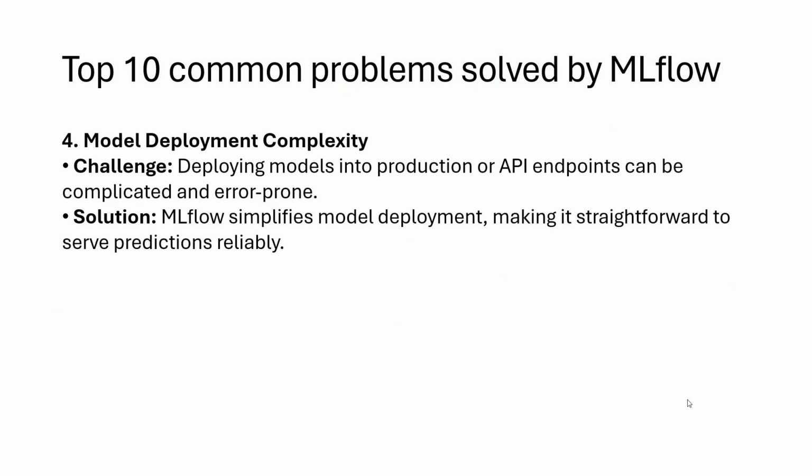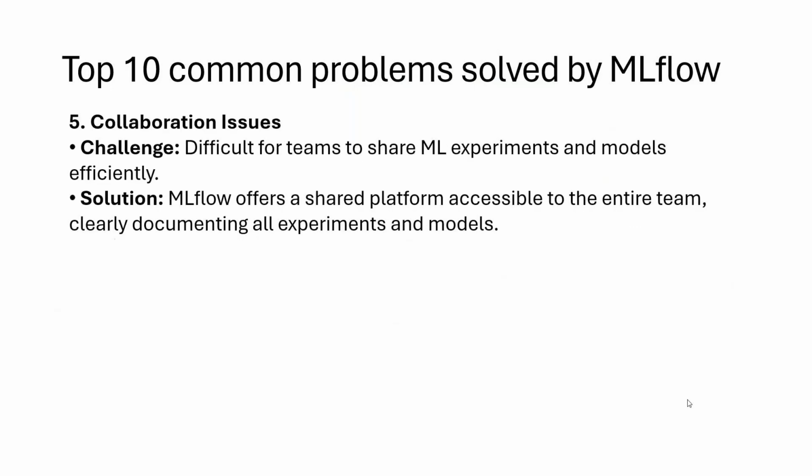Next problem is model deployment complexity. The challenge is that deploying models into production or API endpoints can be complicated and error prone. The solution is MLflow, which simplifies model deployment, making it straightforward to serve in production reliably.